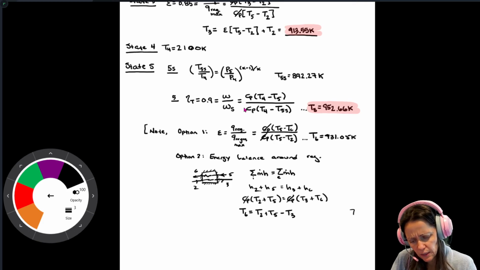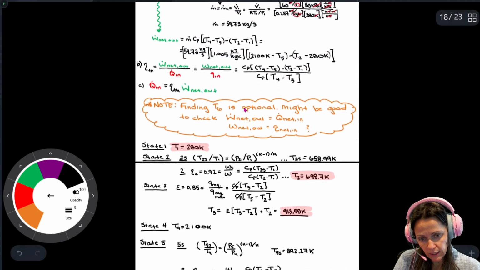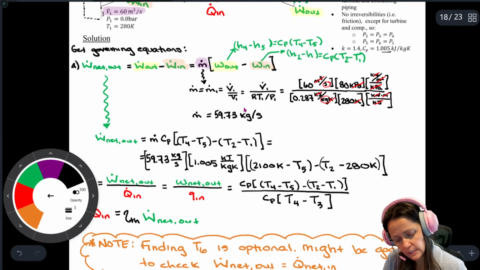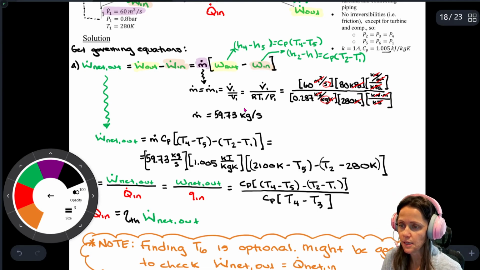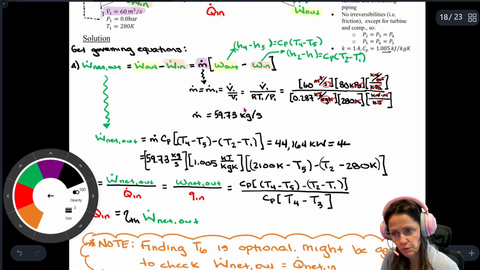So I believe what we've got here, this W dot net out ends up being 44,164 kilowatts. We wanted it in megawatts, so this is 44.2 megawatts.